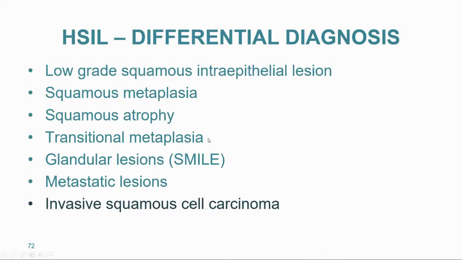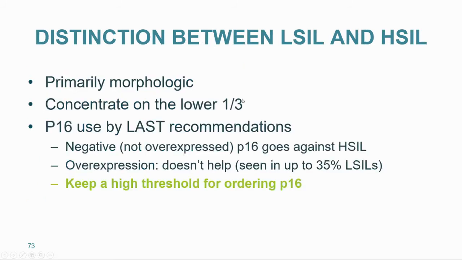The HSIL has also a wide differential diagnosis, including distinction from low-grade lesions, which we're going to briefly go back to. I think I've already given hints to this, but the distinction between low-grade and high-grade lesions is primarily morphologic.